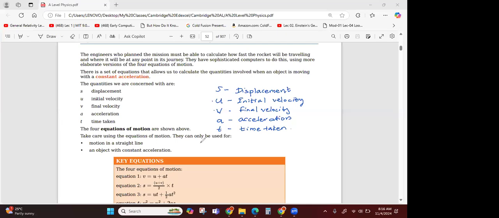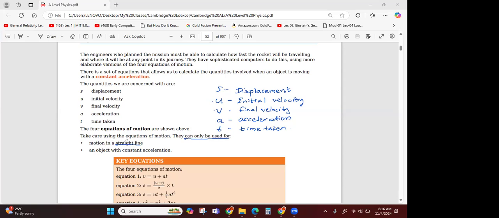Okay, so here, and this is very important, we will see the four equations of motion, right? But here it says, take care using the equations of motion, they can only be used for motion in a straight line.